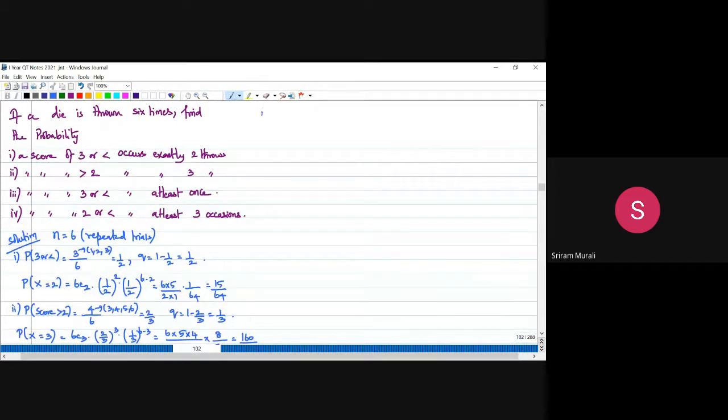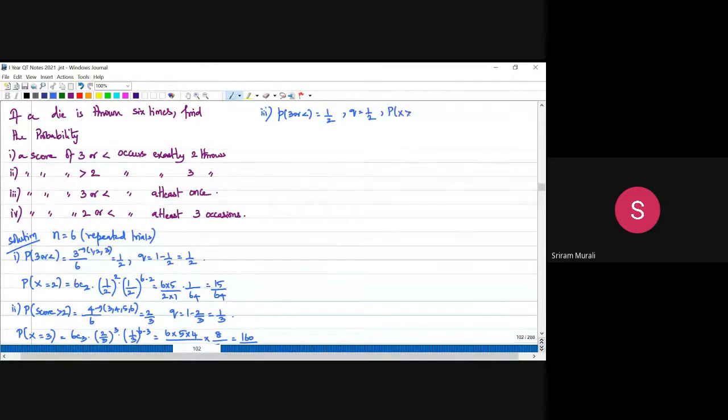What can be the third one? Getting 3 or less. Again, the chance is 1 by 2. Already we have done. What is Q? It is also 1 by 2. Where you have to get a minimum of 1.